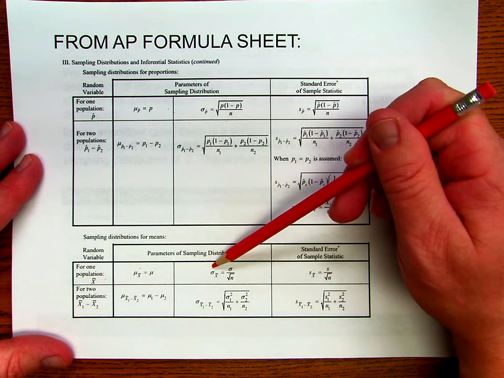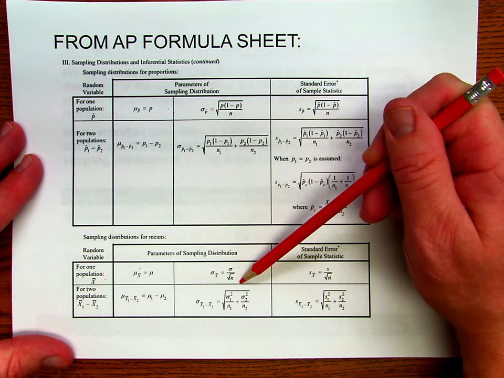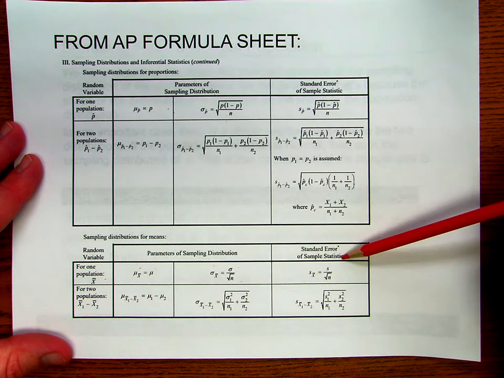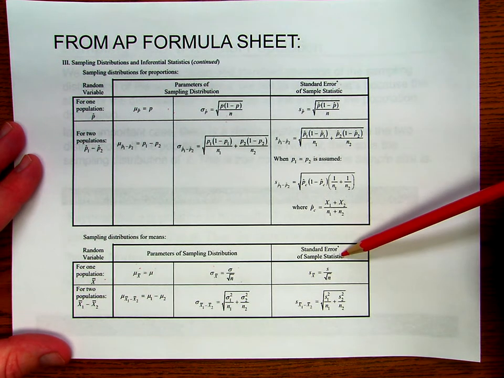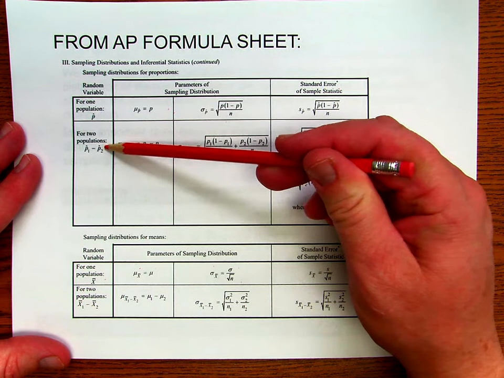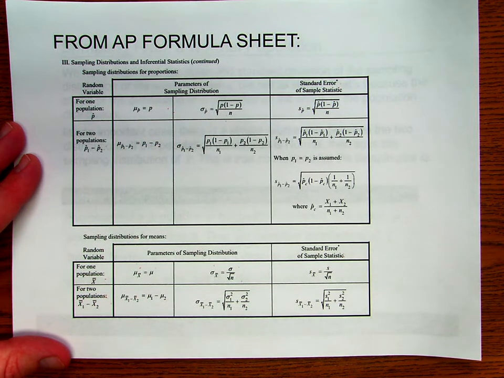The standard deviation of the sampling distribution is the population standard deviation divided by the square root of n. All right, this last column doesn't apply to what we're doing in chapter 7. I believe that starts kicking in chapter 8. And in chapter 7, we're only doing the one sample as opposed to 2. We're going to extend those out both for means and proportions in future chapters to include 2 populations, rather, not 2 samples.